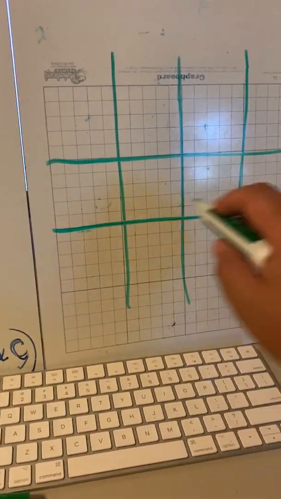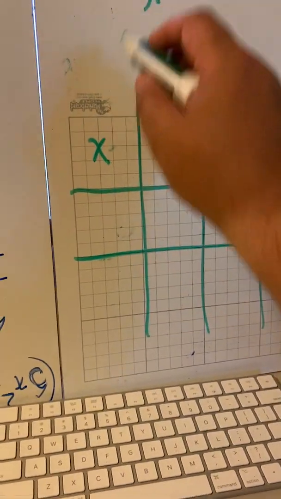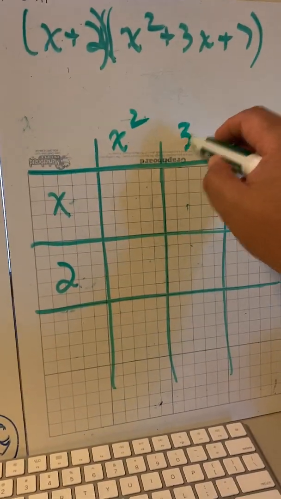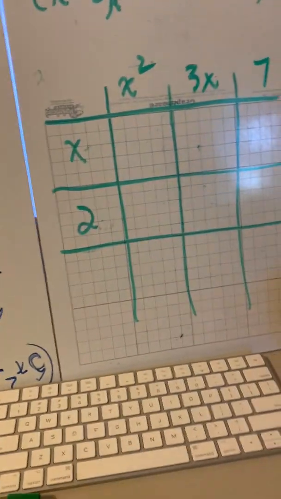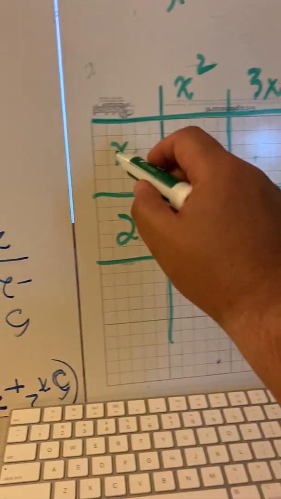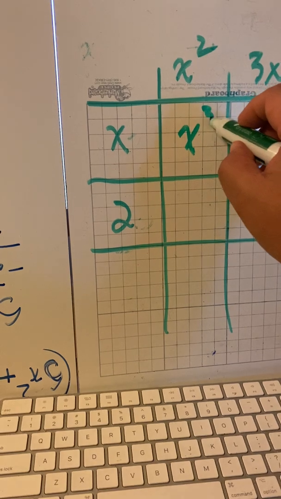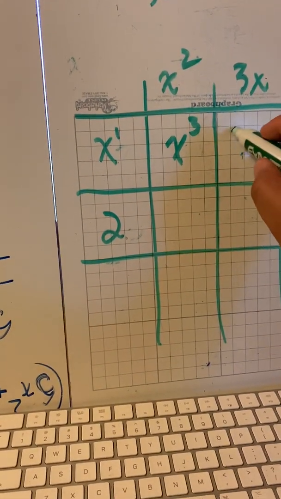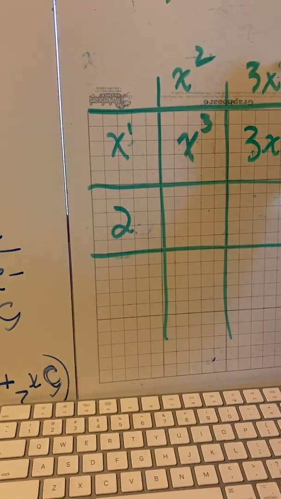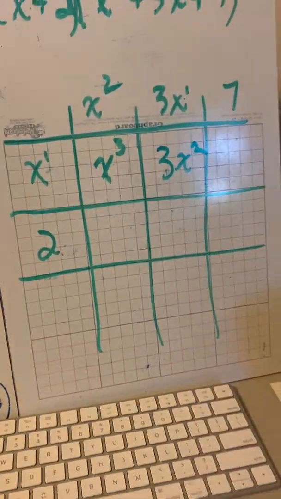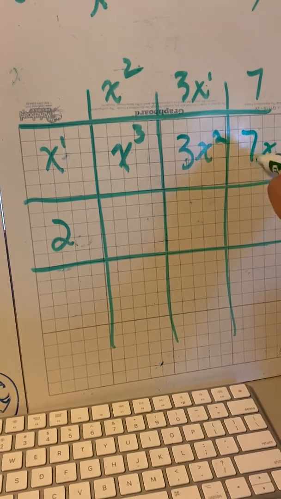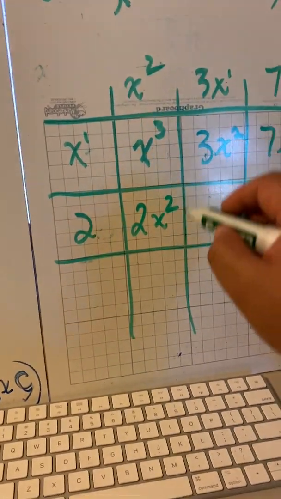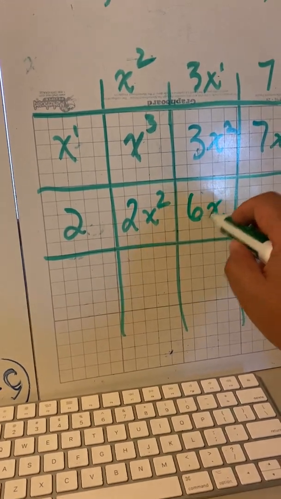Watch carefully. I take the x and the 2. I take the x squared, the 3x, and the 7, and I put it there. X times x is x to the third, because that is an x to the first. X times 3x is 3x to the second. X times 7 is 7x. 2 times x squared is 2x squared. 2 times 3x is 6x.